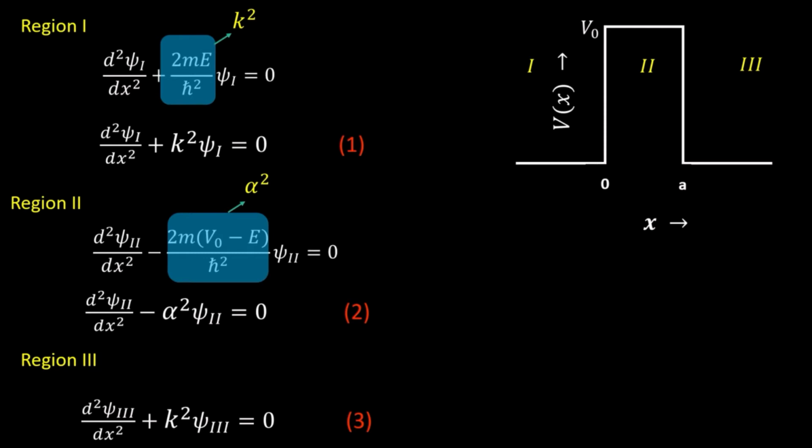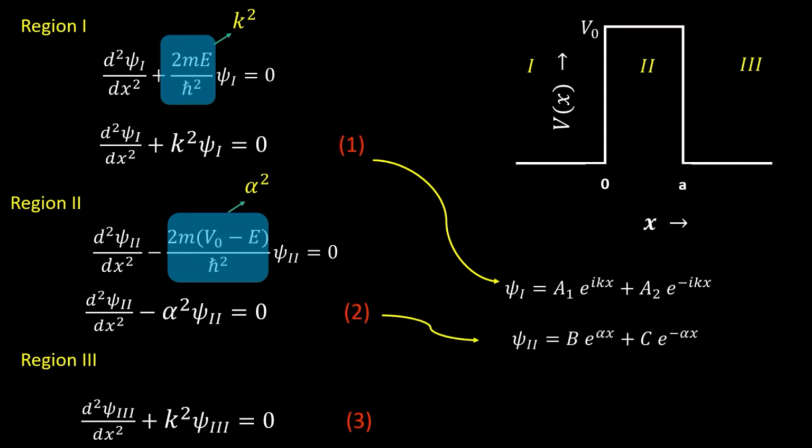The solutions to these three equations are given by, for the first equation, psi 1 equal to some constant A1 e raised to ikx plus A2 e raised to minus ikx, and for the second equation we get psi 2 equal to some constant B e raised to alpha x plus C e raised to minus alpha x, and for the third one the solution for psi 3 is given by D e raised to ikx plus E e raised to minus ikx.